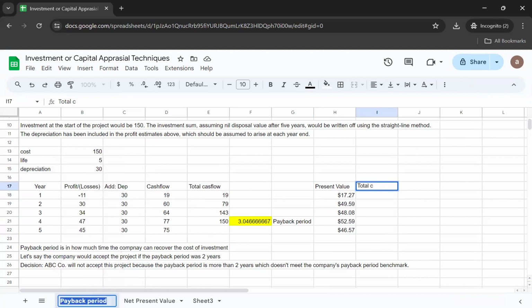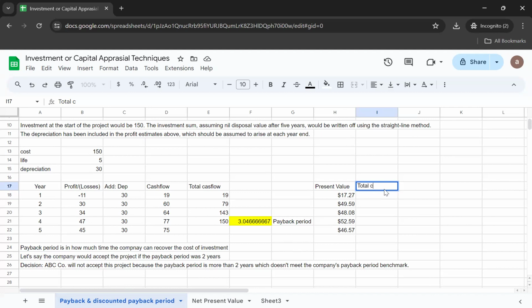So payback period, and I will add another term here, which is discounted payback period. So two methods. Payback period we have already covered. Net present value we have covered. Now this one is going to talk about discounted payback period.